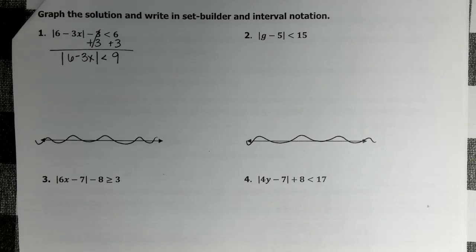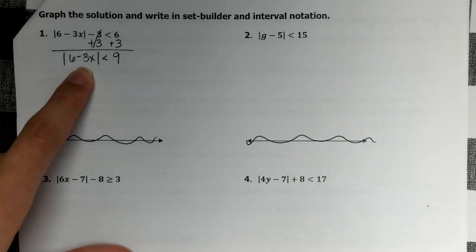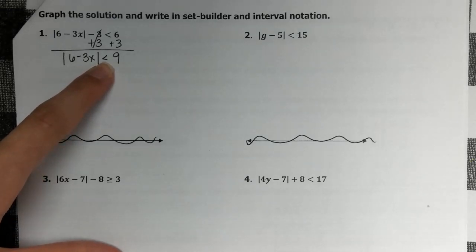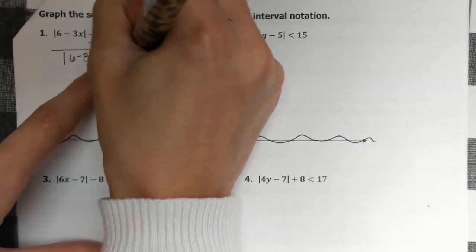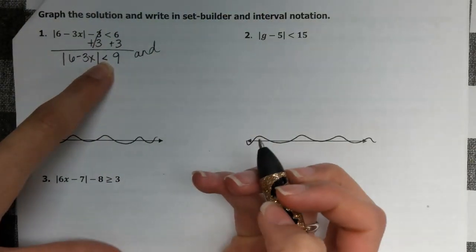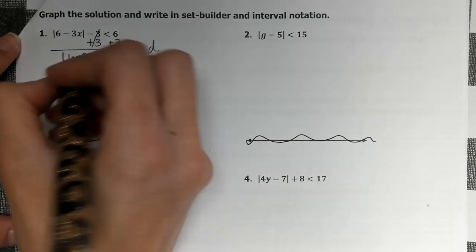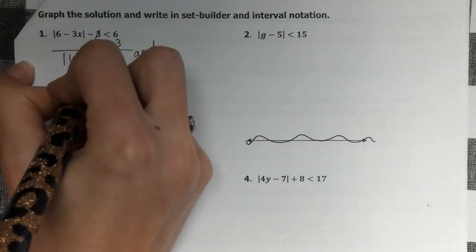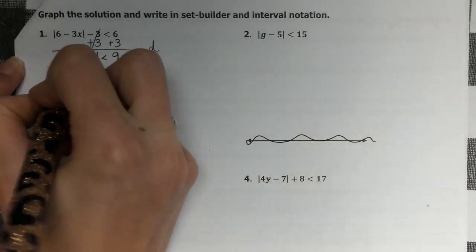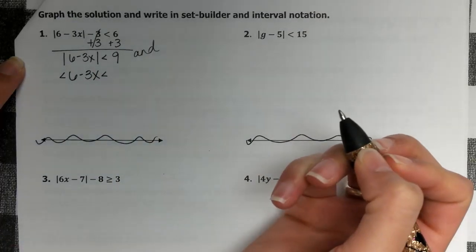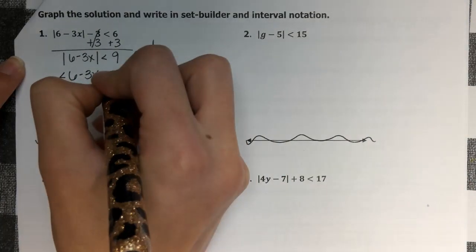I do not determine if it's an and or an or until those bars are by themselves. Now they are, so I'm going to look at my sign. It's the less than. Is that going to be an and or an or? An and. So when it's an and, I copy down that 6 minus 3x. I put my less than on both sides. Copy down my positive 9 on the right.